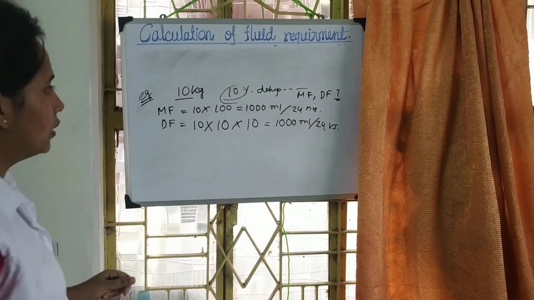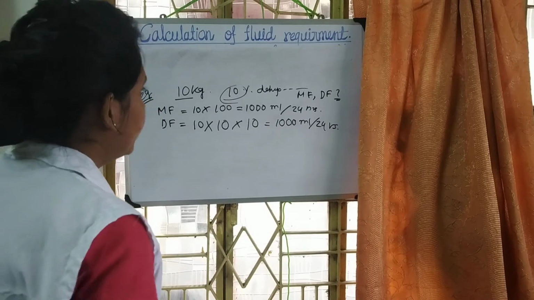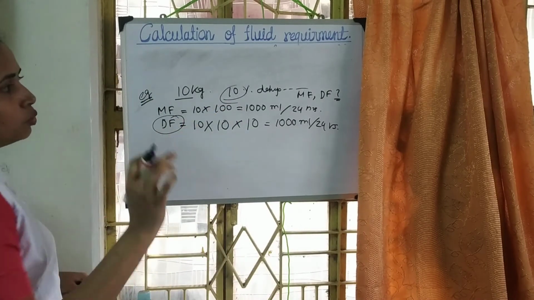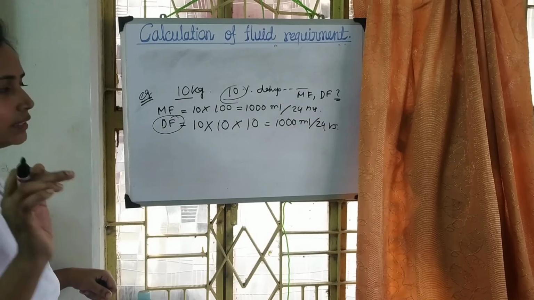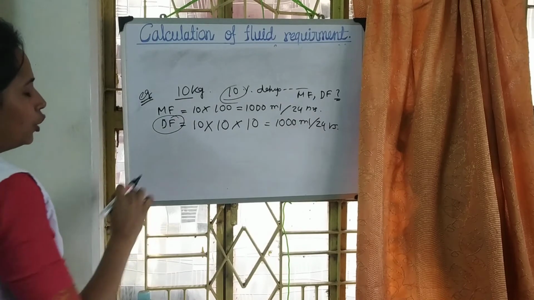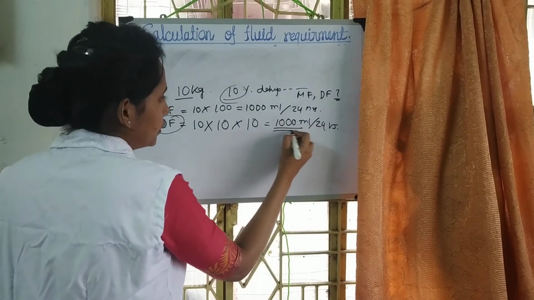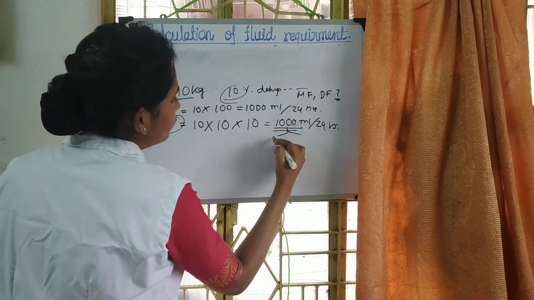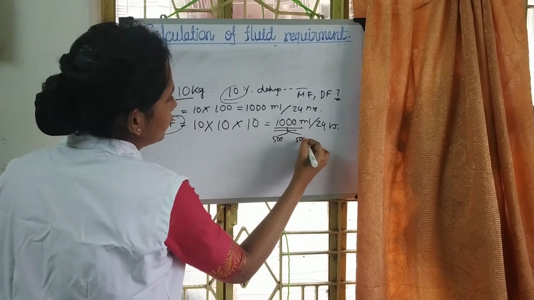Next, I have already told that deficit volume we calculate in two halves. The first half is in 8 hours and the second half is in 16 hours. If we divide 1000 into two halves, that is 500 and 500.